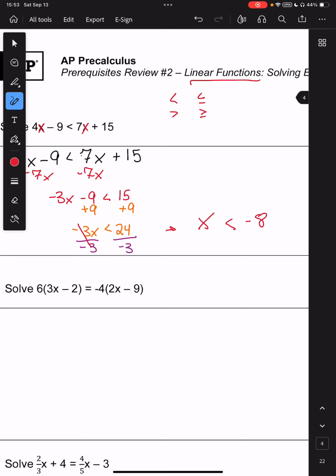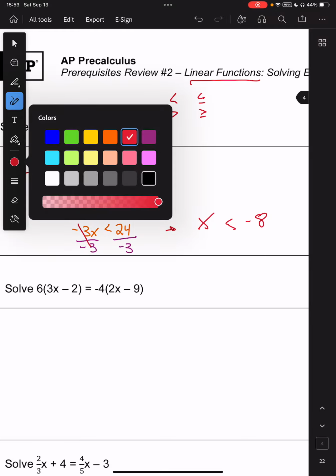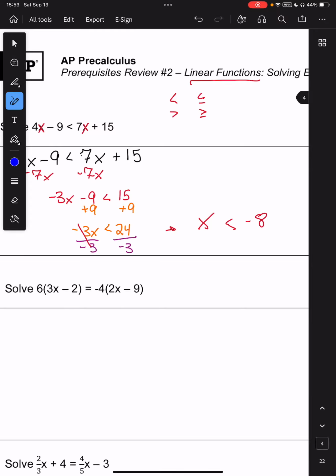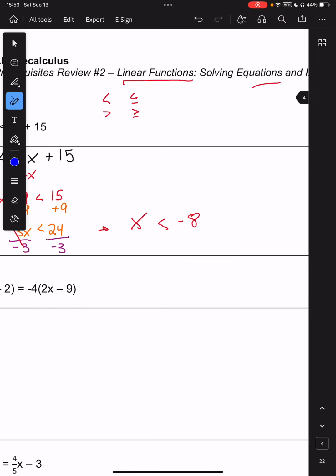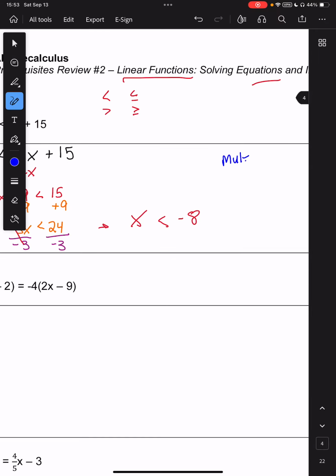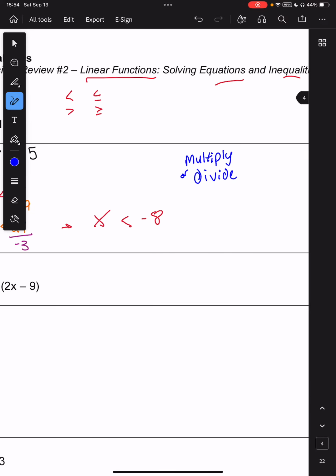But remember, our rule for inequalities is when we multiply or divide by a negative number, we have to flip the inequality sign.